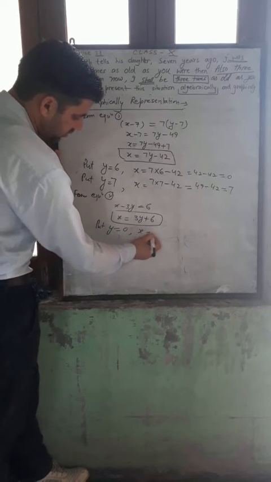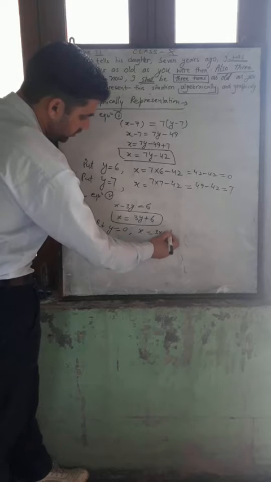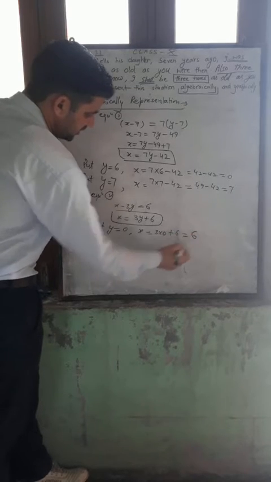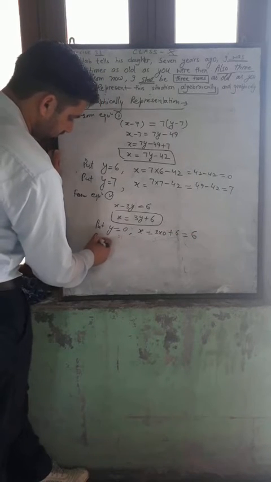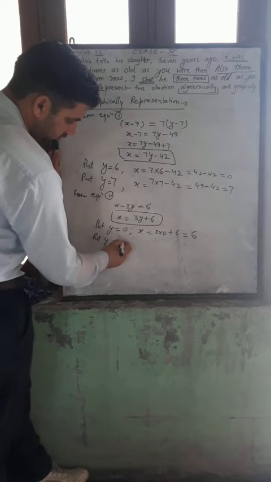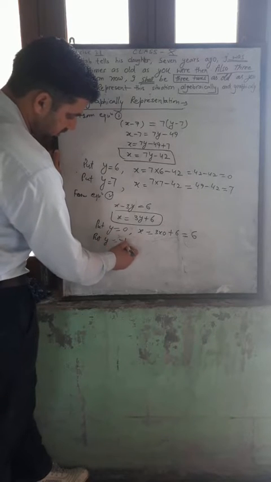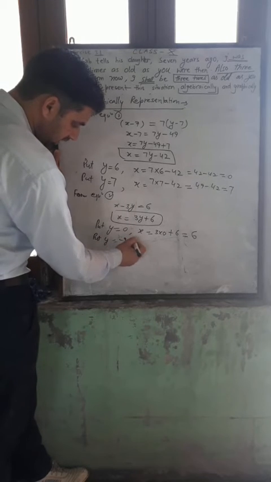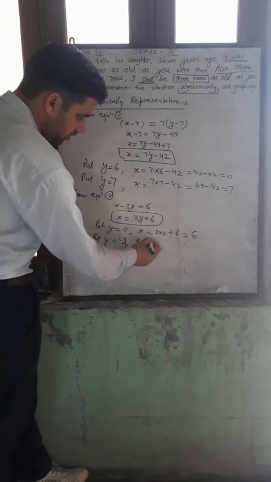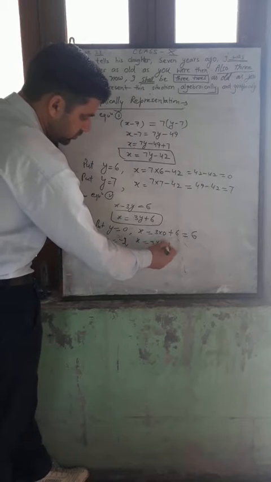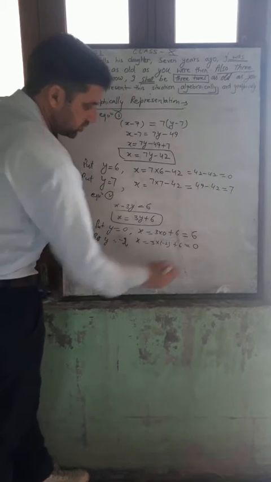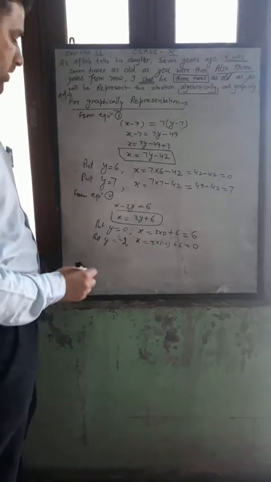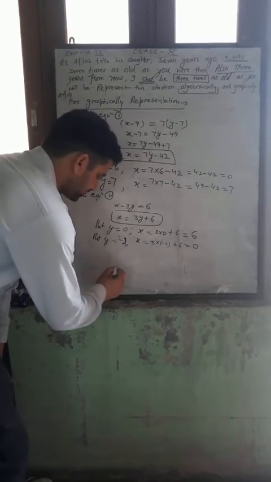Then x is equal to what do we get? 3 into 0 plus 6, so we get 6. Now put y is equal to minus 2, then we get x is equal to 3 into minus 2 plus 6, we get 0.